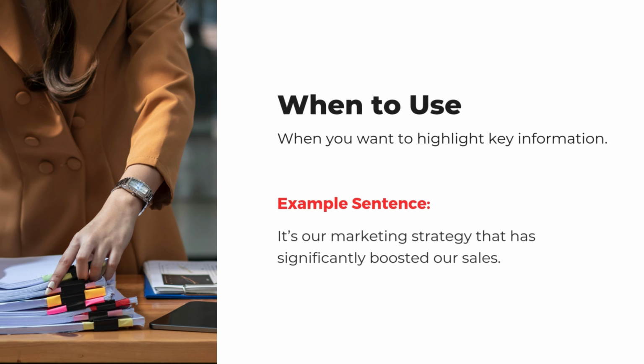This structure is all about emphasis, putting the spotlight on what really matters in your message. In business, you often need to highlight key information to make sure your audience notices what is most important. Cleft sentences allow you to do just that.